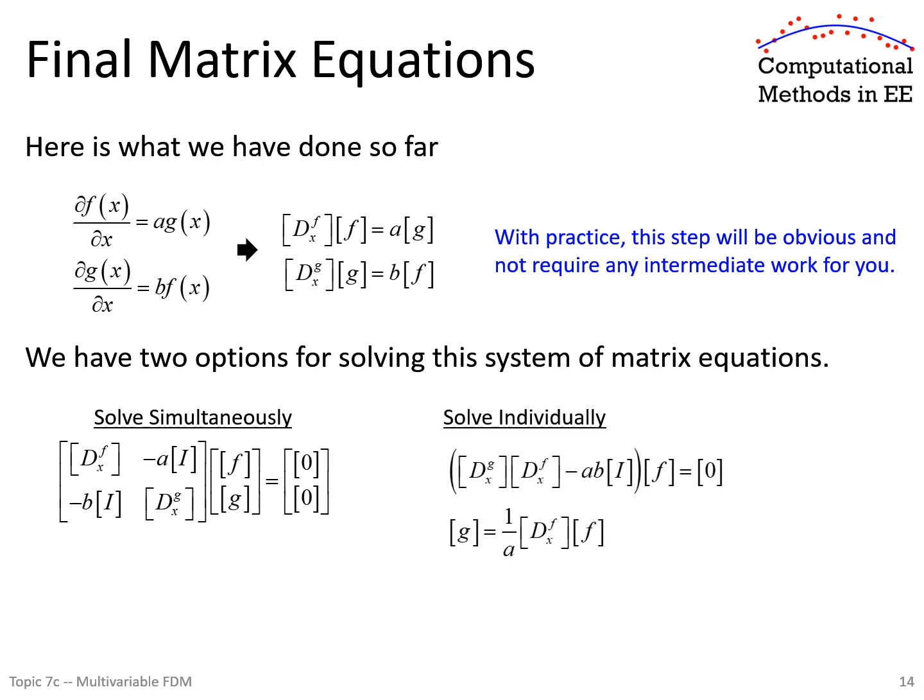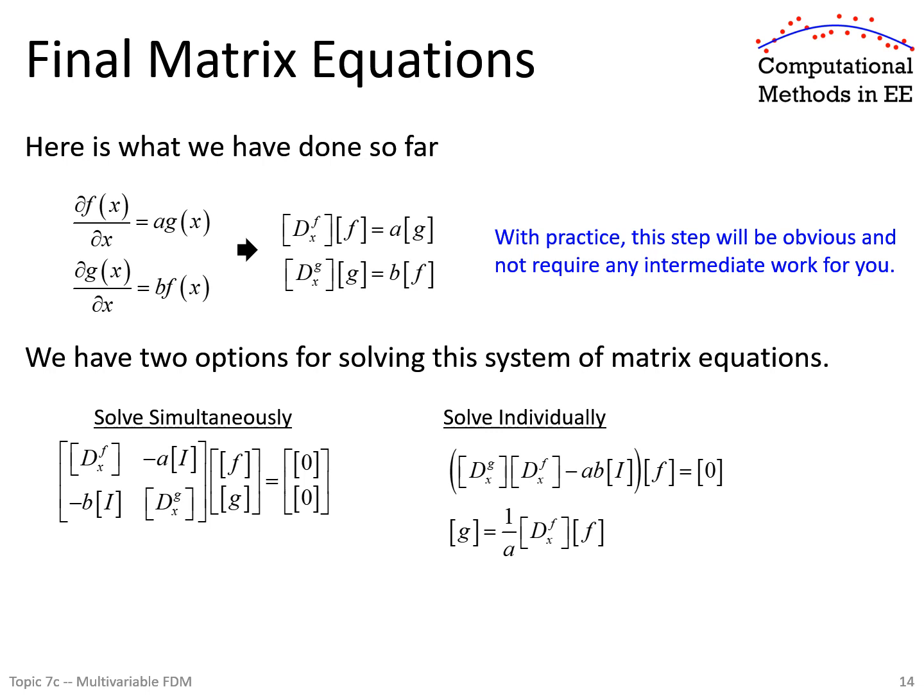So to do that, we would take one of our matrix equations and substitute it into the other to come up with a single matrix equation. So what I've shown here is I solved this first equation for G, plug that expression in for G in the second equation, and then I have a matrix equation only with F. And here's the original equation that I had solved for G. So what we can do is solve this first matrix equation for F, and once we have an answer, just immediately calculate G from it.